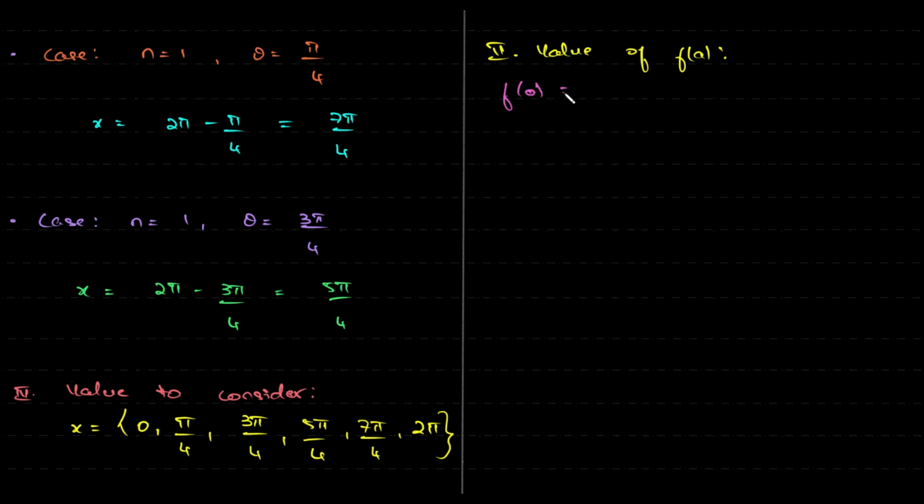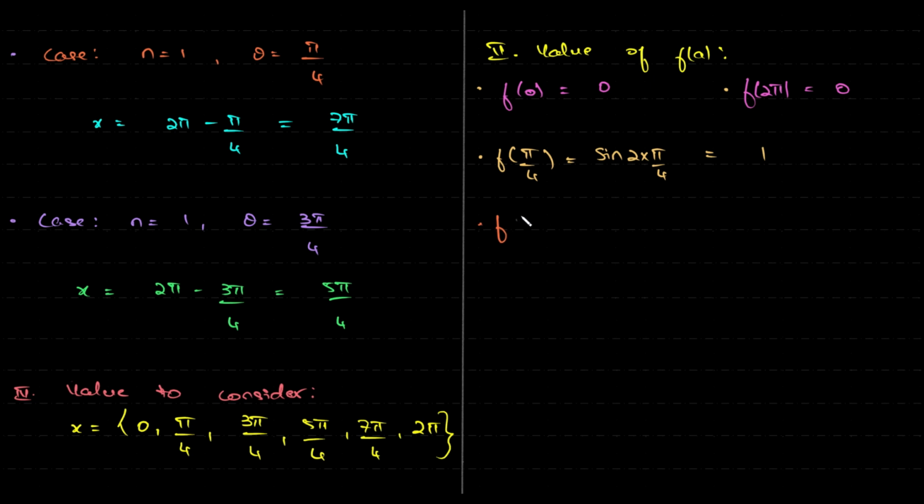So f of 0, since it's sine 2x, is 0. Also f of 2 pi is 0, right? These two are zeros, so we don't have to bother with them. f of pi by 4 will be sine of 2 times pi by 4, that is sine of pi by 2, which is 1. So this is one point where we have the maximum value.